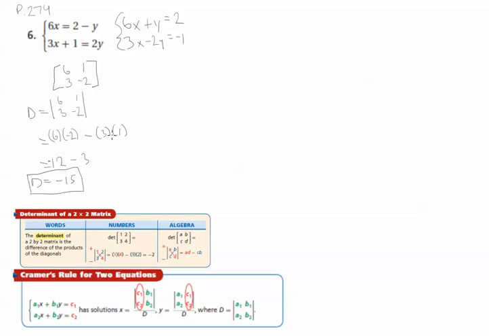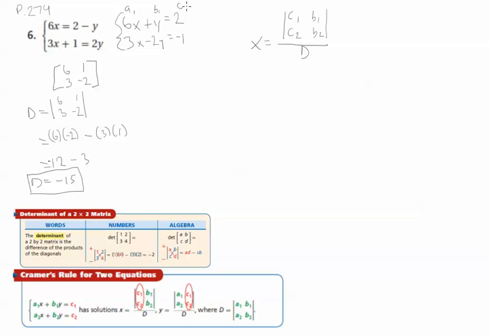Now I'm ready to move into the next step for Cramer's rule. I need to find my x value. My x will equal a modified version of my coefficient matrix. It'll be C1, C2, B1, B2, the determinant of that, over D. In this case, I've got my A column, my B column, my C column.